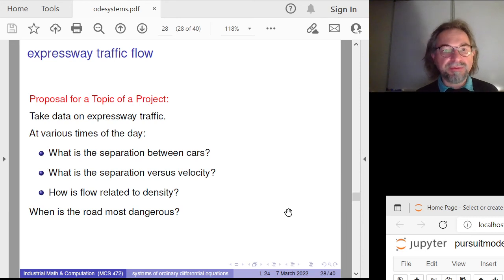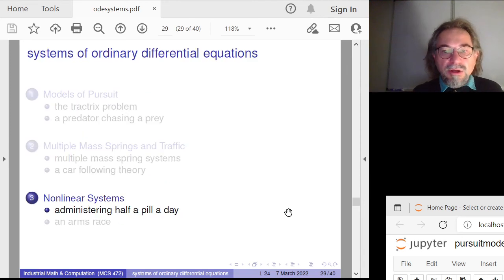So, this is a nice topic for a project. Alternatively, one can investigate this 3-second rule related to the speed limits.